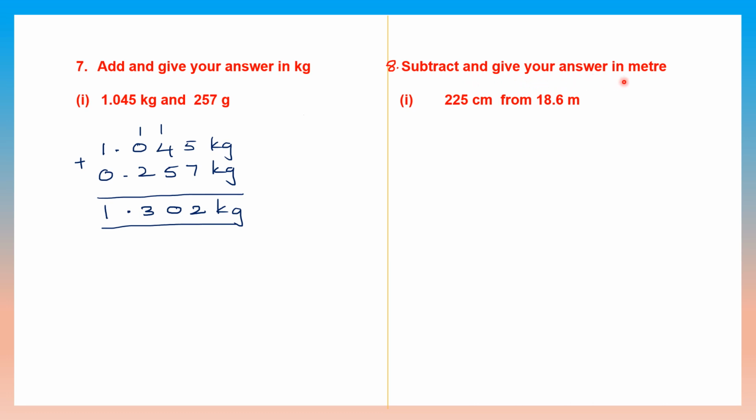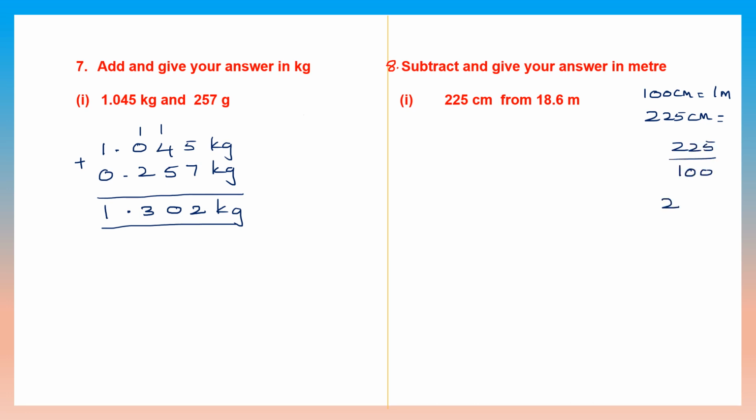Subtraction. Subtract and give your answer in meter. Now here again we have centimeters and meters. So since our answer is to be in meters, let's convert centimeters to meters. So there again we know 100 centimeters make 1 meter. So 225 centimeters will be 225 divided by 100.